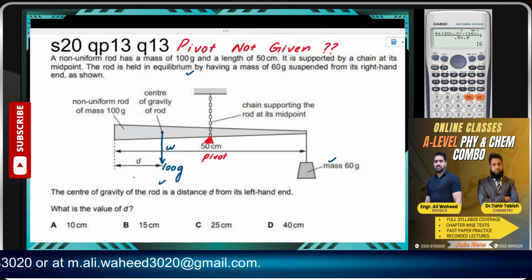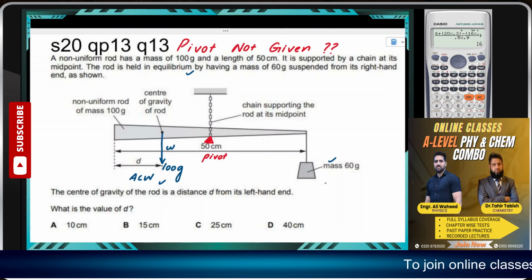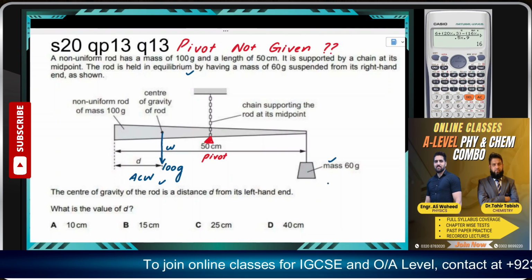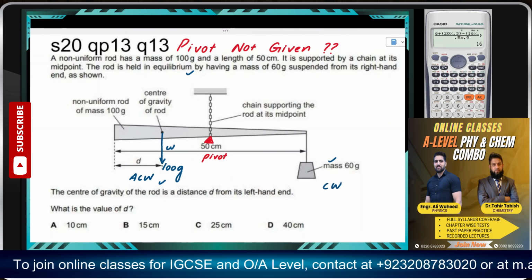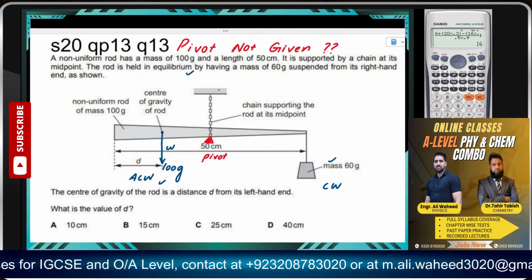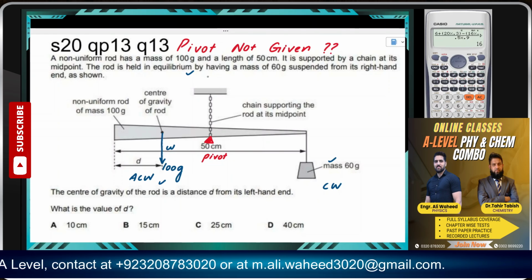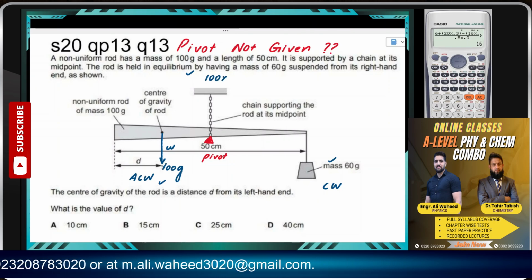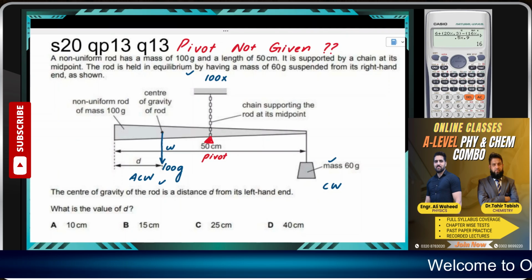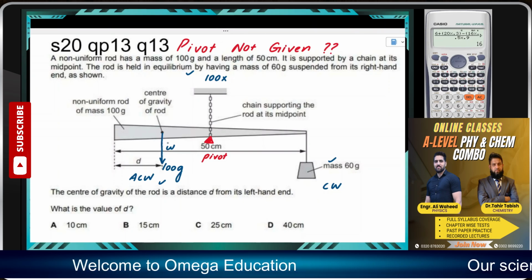So this one would be anti-clockwise, and this thing over here would be clockwise. So what do we have? Anti-clockwise was 100 times the distance. As a matter of fact, we need to find the value of distance d.